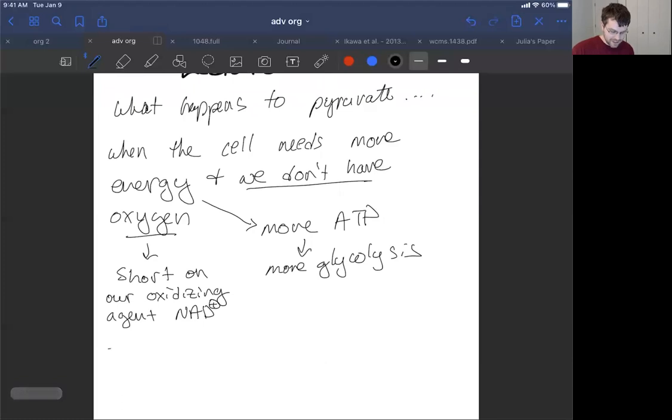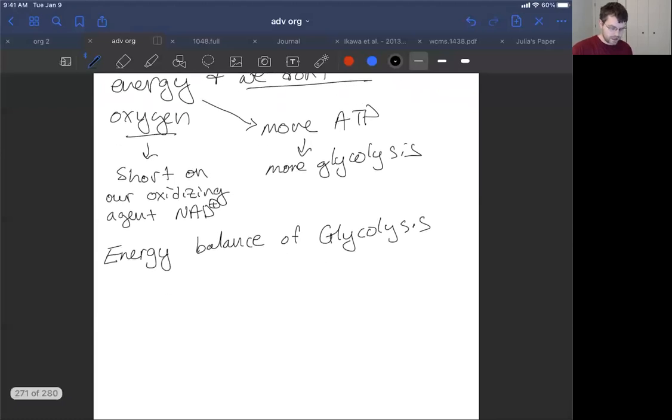Now let's look at the energy balance of glycolysis really quick. This is probably something I should have covered last time. If we have glucose, not going to draw that many chair structures today or in this lecture, maybe none other than this one.